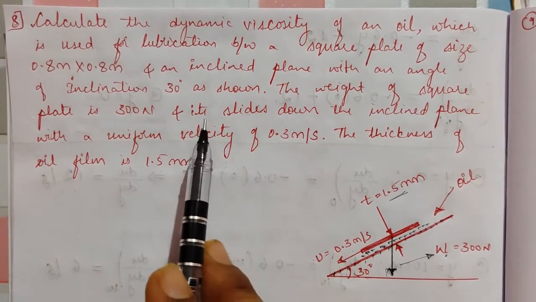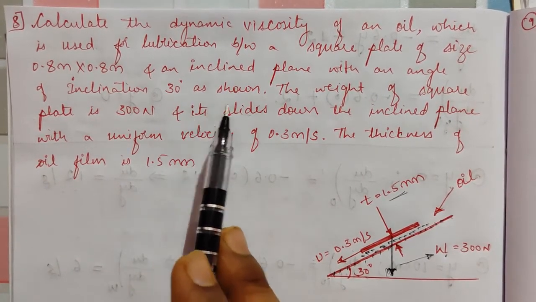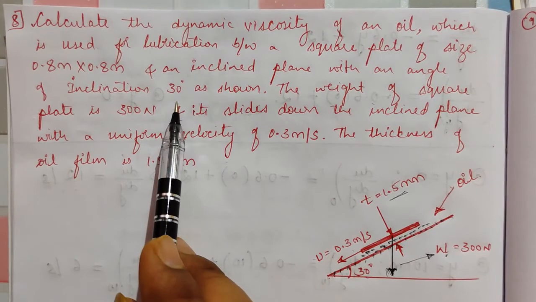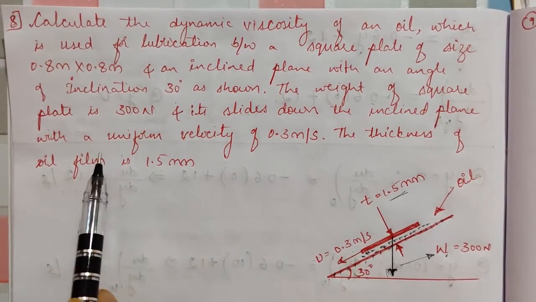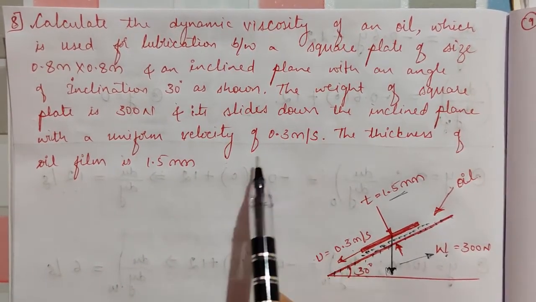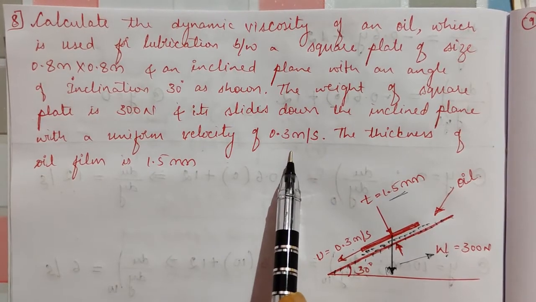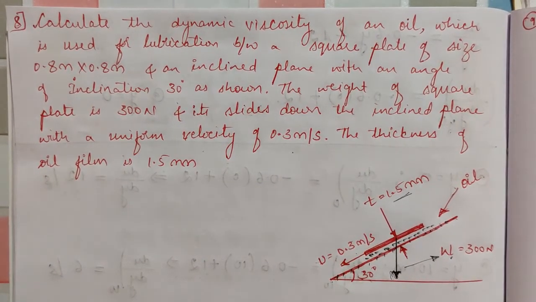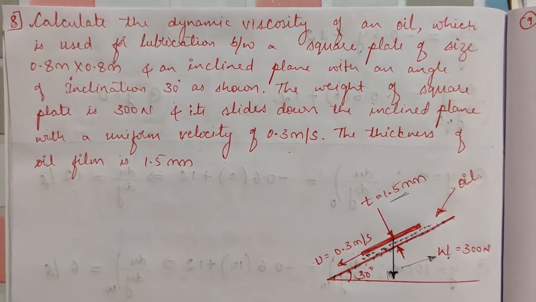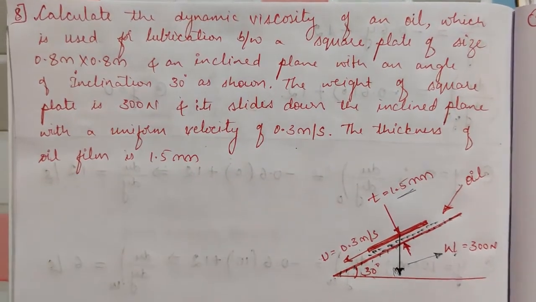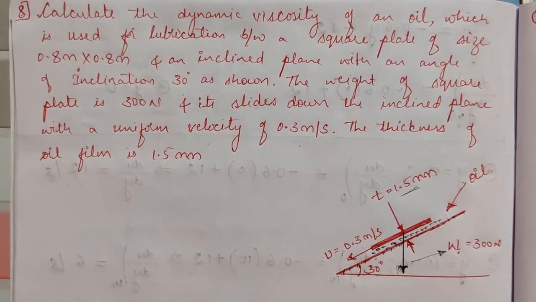Then what's given? Inclination is 30 degree, fine, and it slides down with a uniform velocity of 0.3 meter per second. Okay, then what we need to find? We need to find the dynamic viscosity of an oil.